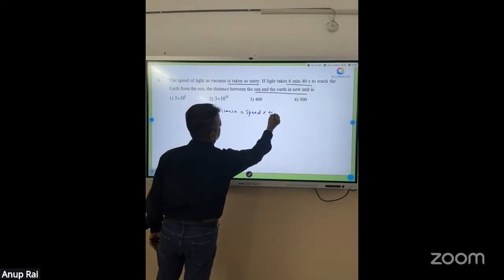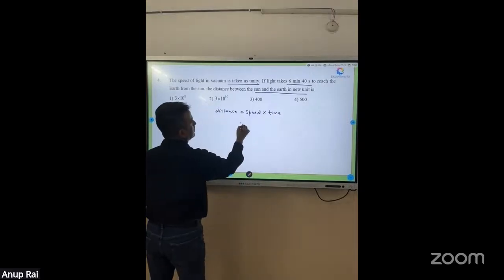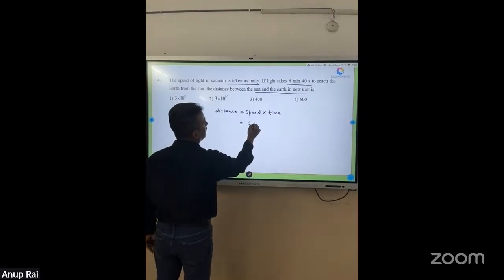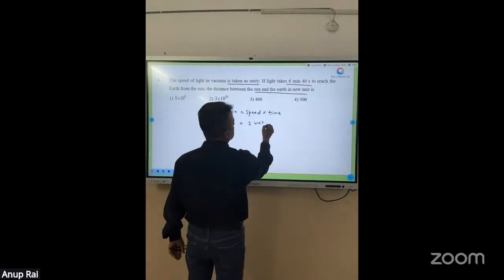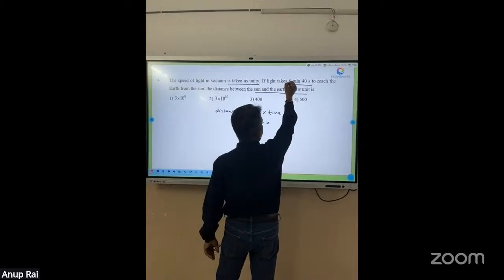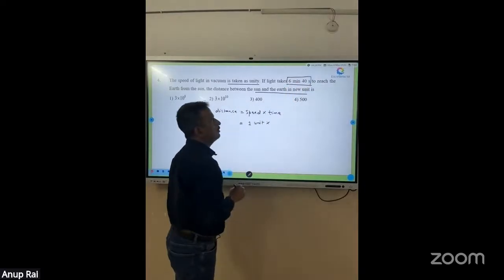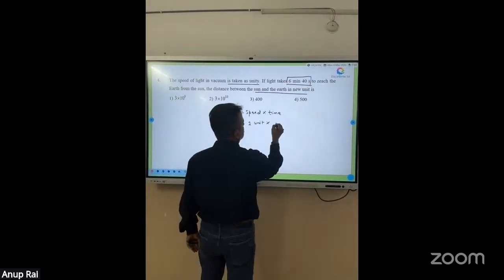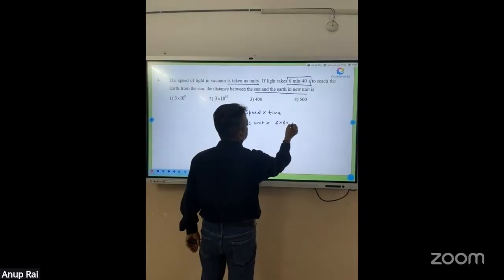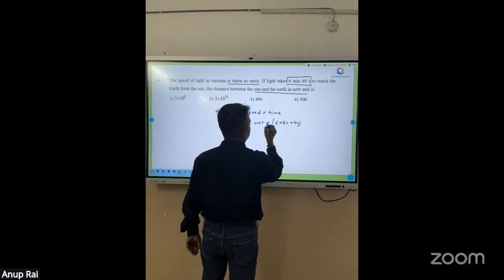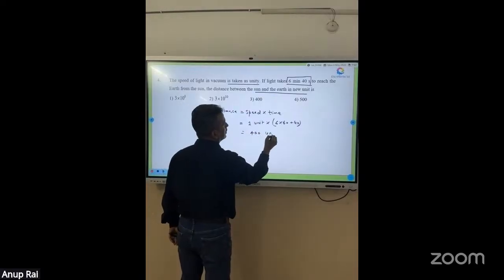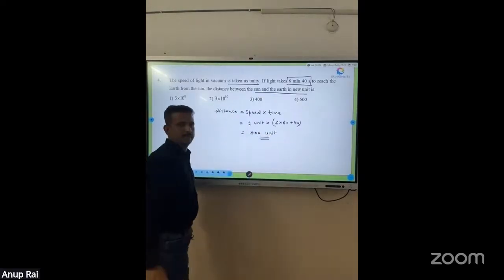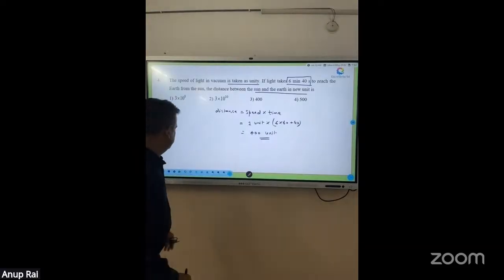Speed is equal to 1 unit in the new unit, and time is 6 minutes 40 seconds. The total time will become 6 times 60 plus 40, which will be 400. So in the new unit, the distance is going to be 400 units, right?